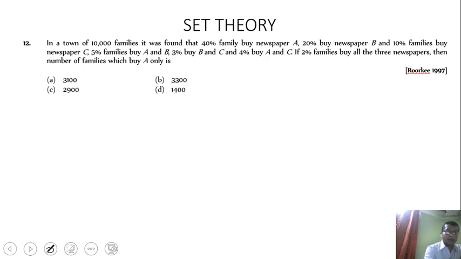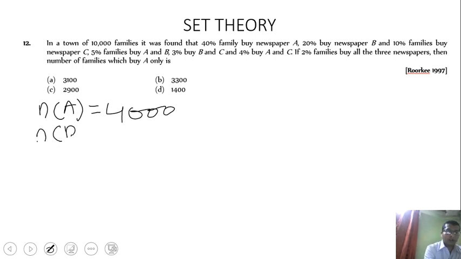So here in this question, n of A is 40% of 10,000, that is 40 divided by 100 into 10,000. On simplification gives us 4,000.